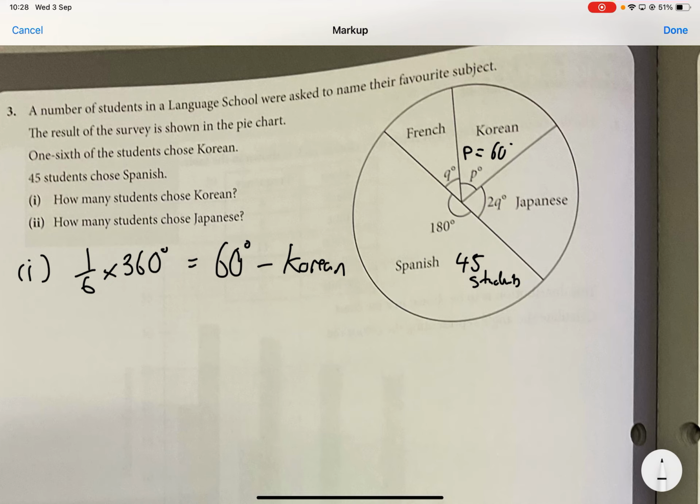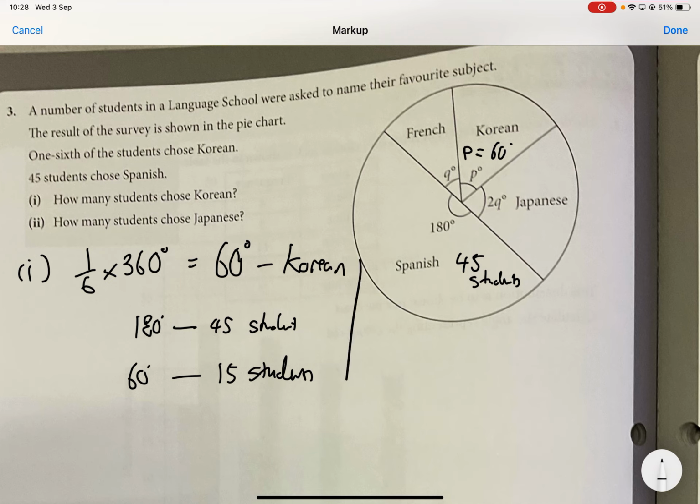Okay? So from there, 180 degrees is 45 students. Then 60 degrees is 15. Or if you never found 60 degrees is Korean, you can also say 180 degrees is 45 students, 360 degrees is how many?